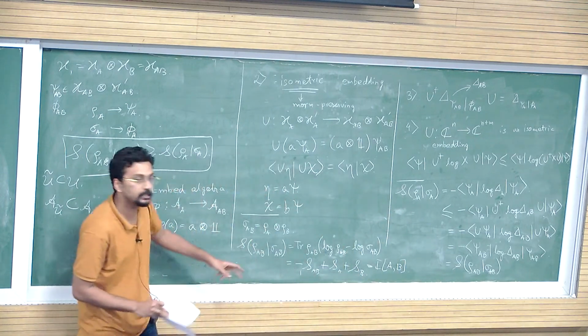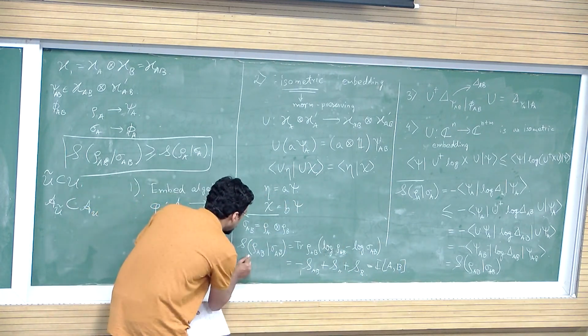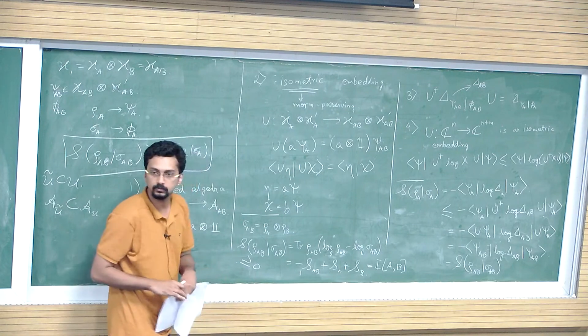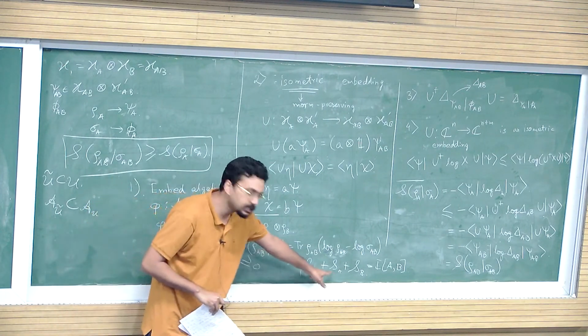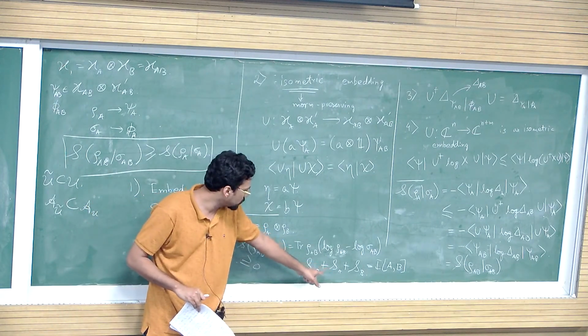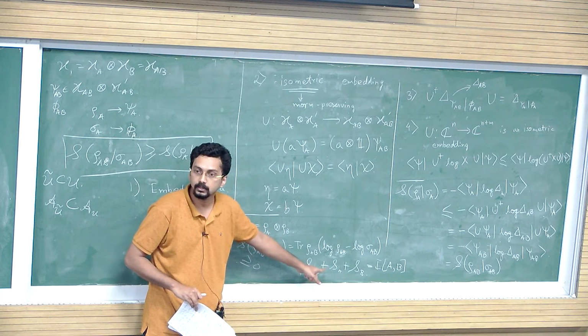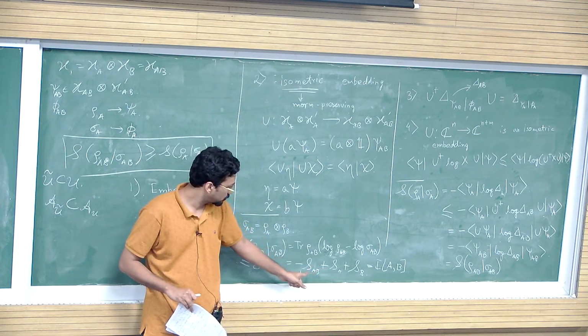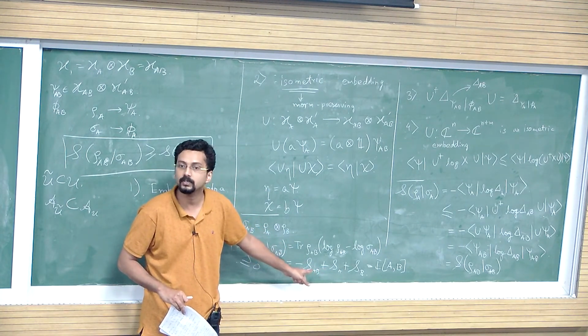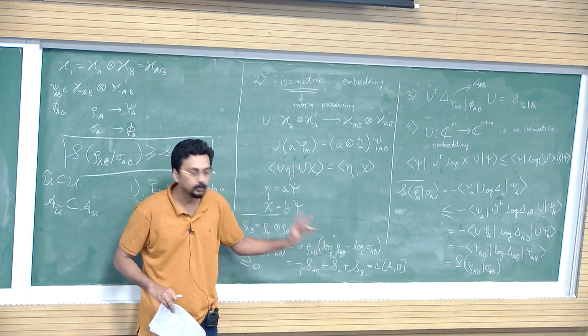Now, positivity of relative entropy implied that this object was greater than or equal to 0, which basically means that this object is greater than 0. So what you have is SA plus SB is greater than S of AB. This is known as strong subadditivity.